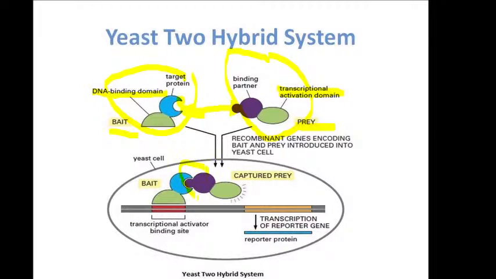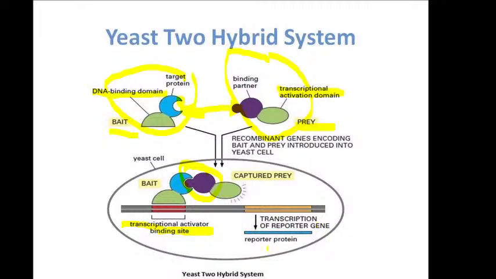Now when the two proteins are interacting with each other, what will happen? As you can see here, the transcriptional activator binding site gets activated, and what will happen then?